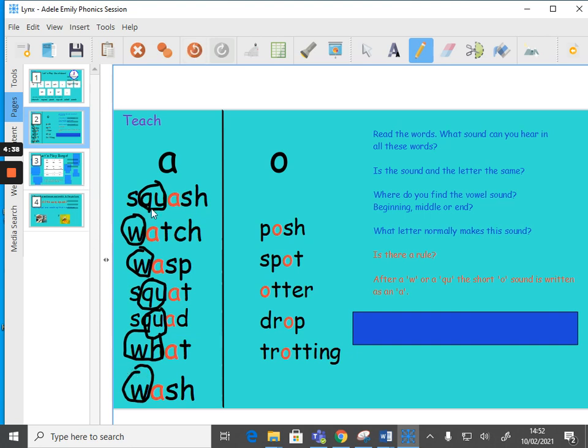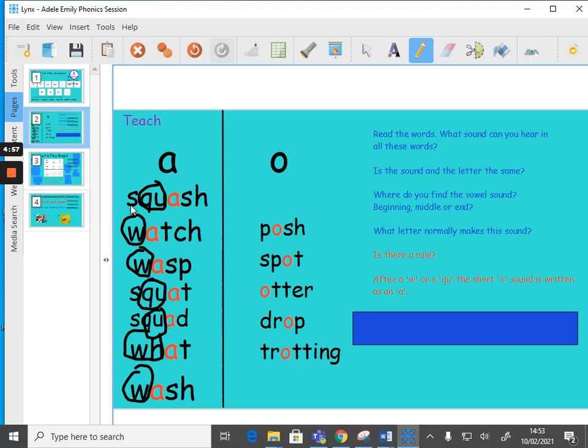That's right. After the qu sound, we can quite often hear the short O sound. And also after the w sound, we can quite often hear the short O sound.